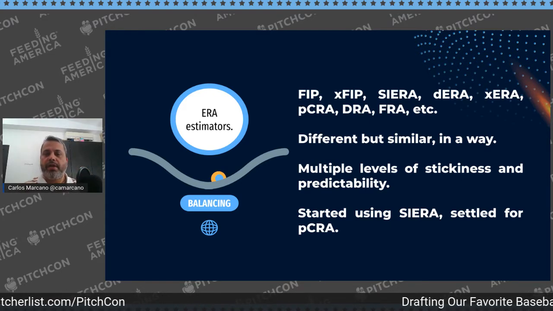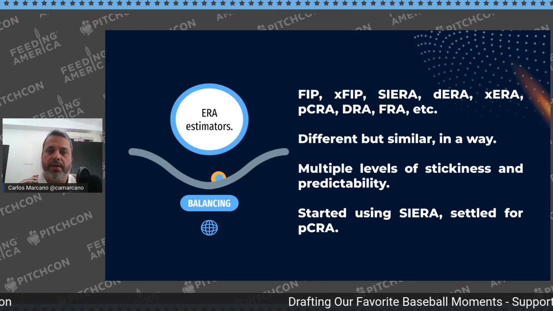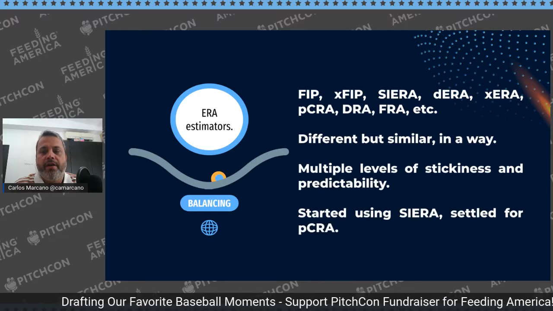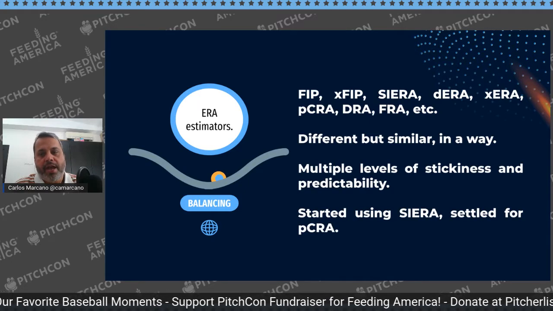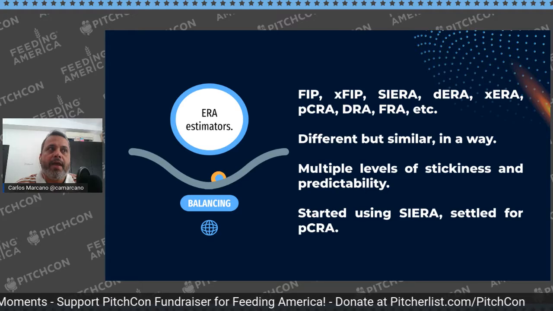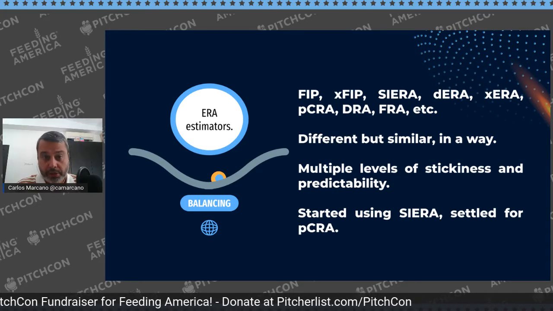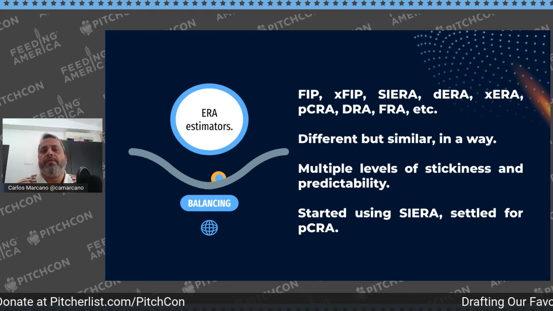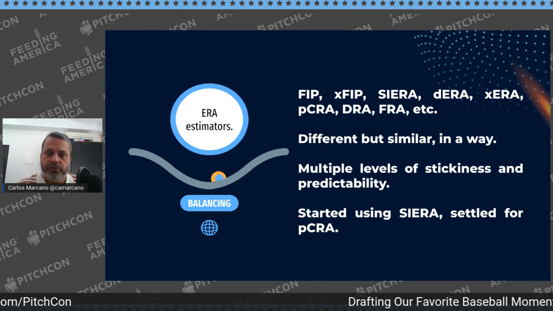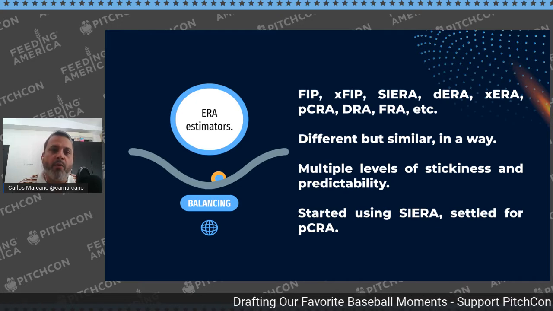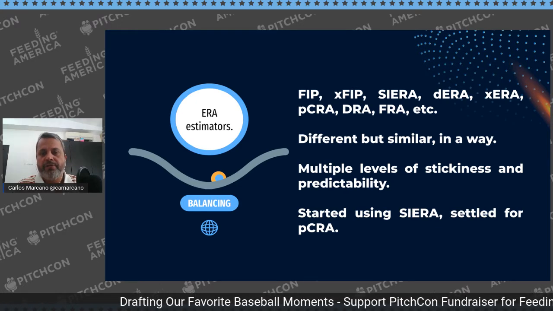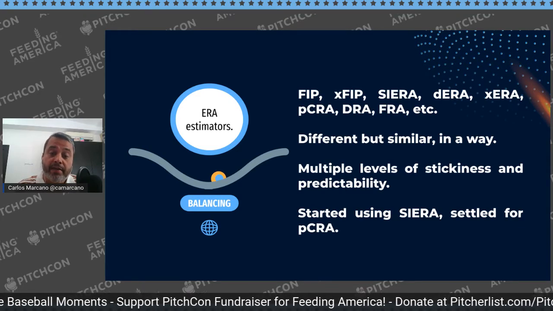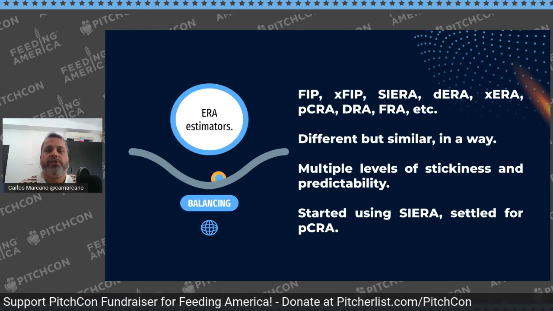I mean, there's a whole bunch of them, and they all have their particularities and characteristics, and they can be used better in some situations than others. What I did is I did a lot of testing with them, introduced one by one into the formula and the weighting and scaling and all of this. I tended to use Sierra first, and it was good.